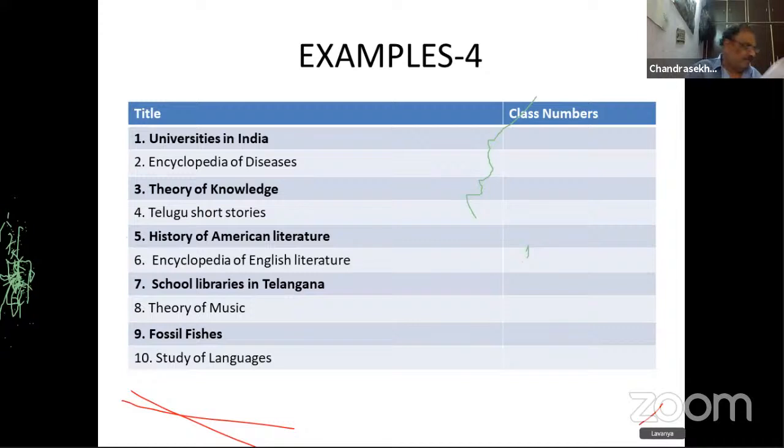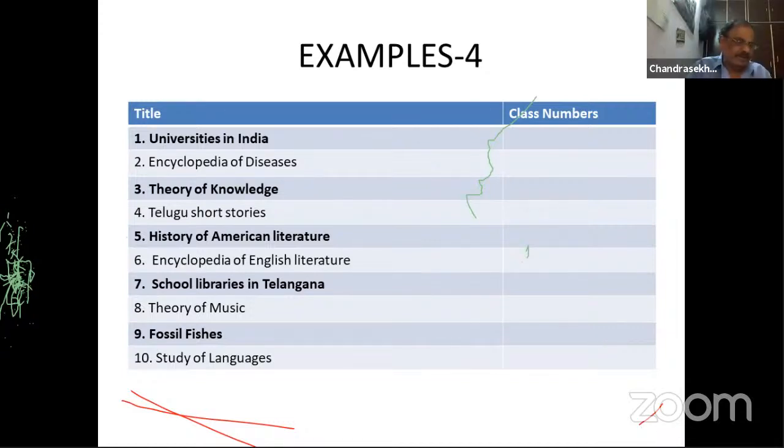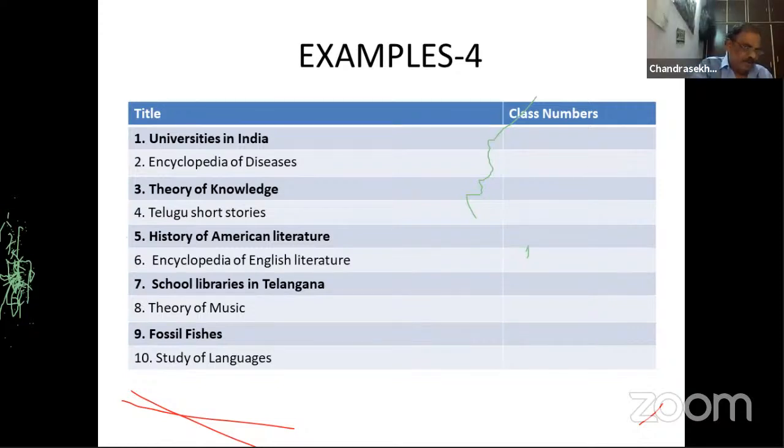Universities means higher education. What is India's number? 54. So let us see under 378 whether there is any instruction there to add India.